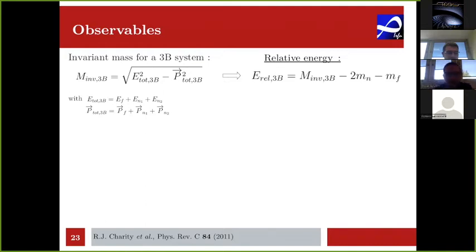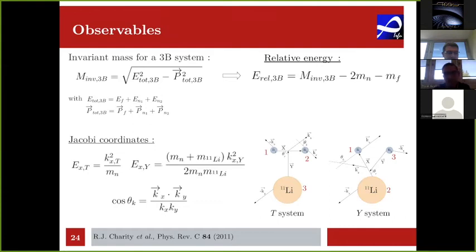Additionally to that, we consider the Jacobi coordinates, which we can see as two different parameterizations of the same system. And we consider these four quantities, so E_xt, E_xy, and cos theta_k, both for the t system and y system, those two systems being the two parameterizations I mentioned before.